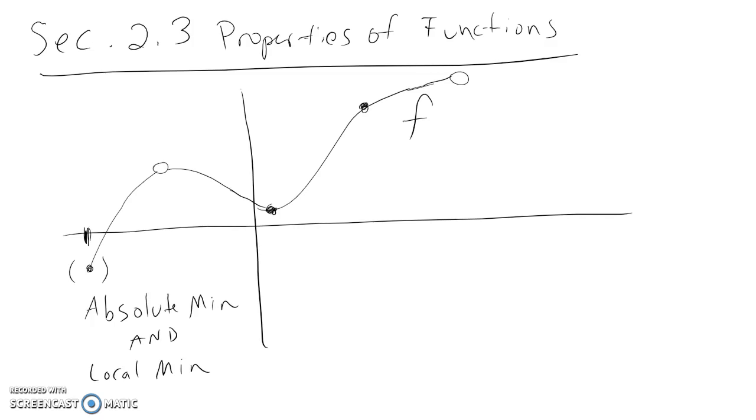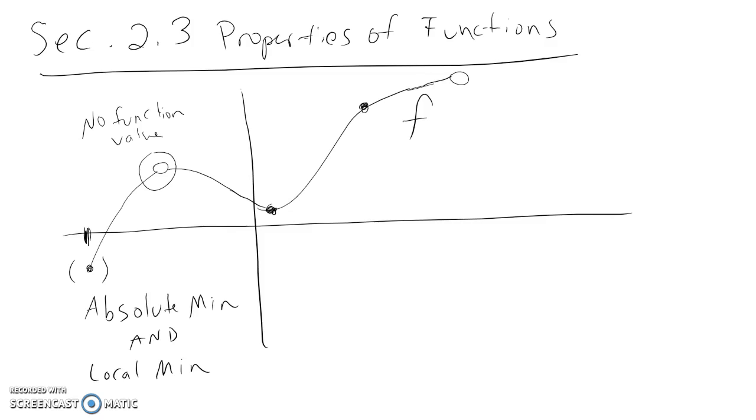Now let's look at the next from left to right, here. Right here, f has no function value here at all. So there's no function value, or y value, or an x that gives us that y.